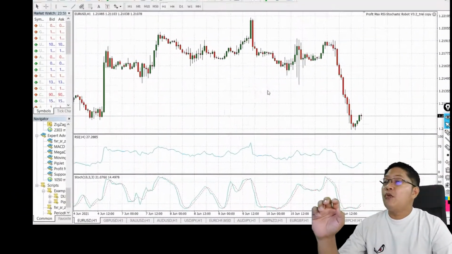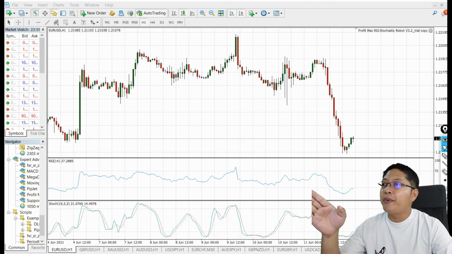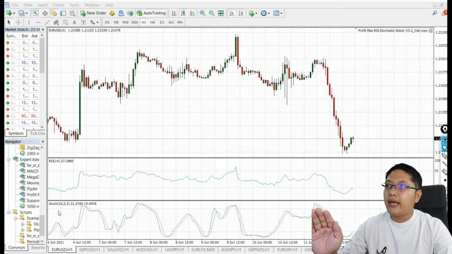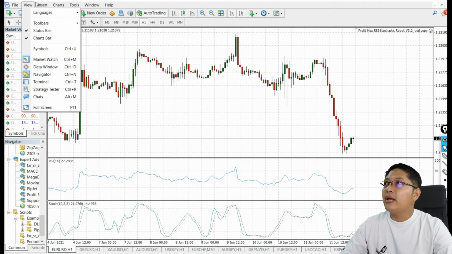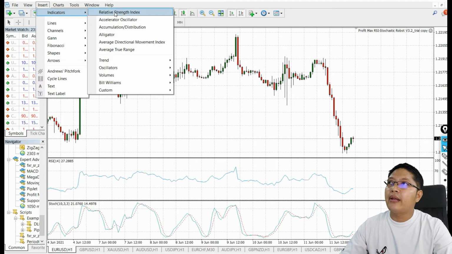Okay, guys. As you can see on our screen, I am opening the Euro US dollar pair with a window right here. As you can see, I have installed RSI and Stochastic. If you don't have these yet, you can go to the Insert tab, then go to Indicators and use the Relative Strength Index.